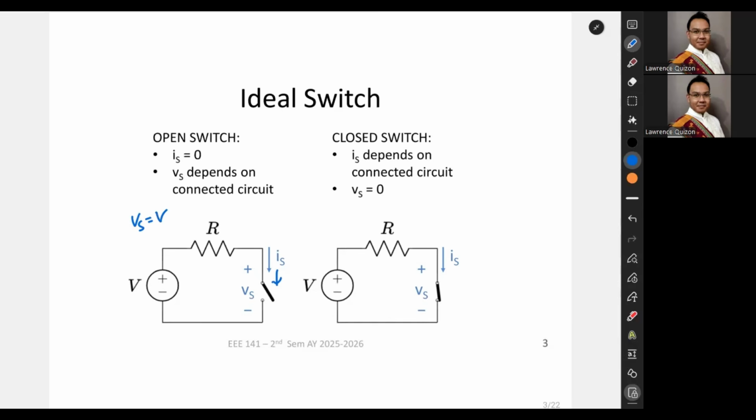For a closed switch naman, the Is depends on the connected circuit, while Vs is guaranteed to be zero because the switch is closed. So, Is in this case would become V over R. So this just illustrates these 2 points. For an open switch, Is is zero, and Vs depends on the connected circuit, or it can be anything. In a closed switch, Is is the one that can be anything, and Vs is the one that is zero.